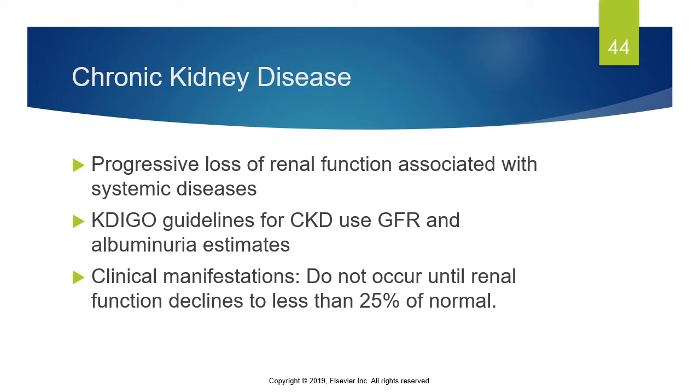And that's beyond the scope of this course, but we do look at those parameters carefully when we're determining how to treat a patient, whether they're in stage 1, stage 2, stage 3, etc. So the clinical manifestations do not occur until renal function declines to less than 25%. So it's a much more insidious onset.